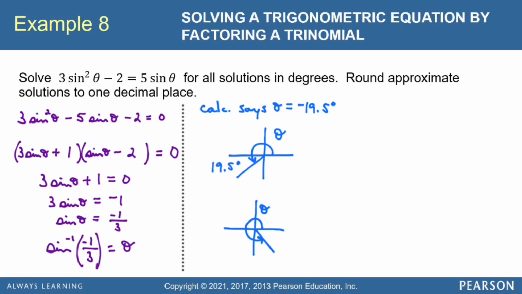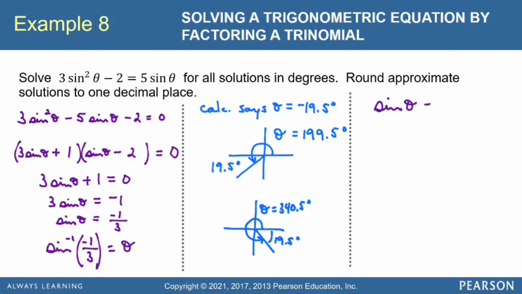So for quadrant 3, with a reference angle of 19.5 degrees, the solution there would be 199.5 degrees. And for the quadrant 4 solution, with a reference angle of 19.5 degrees, the quadrant 4 angle would be 340.5 degrees. Now let's take the other factor and set it equal to 0.